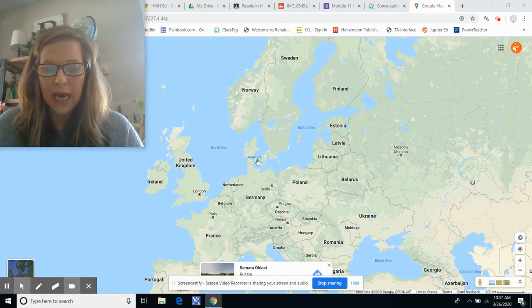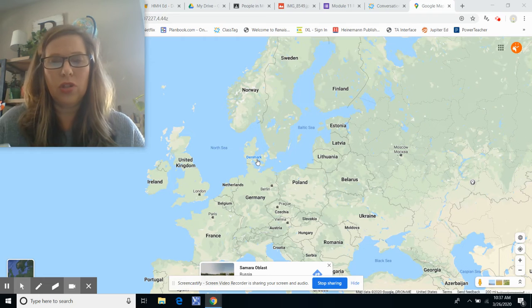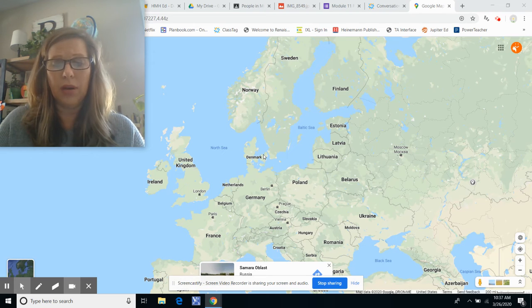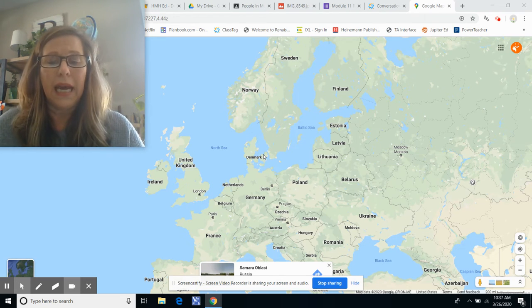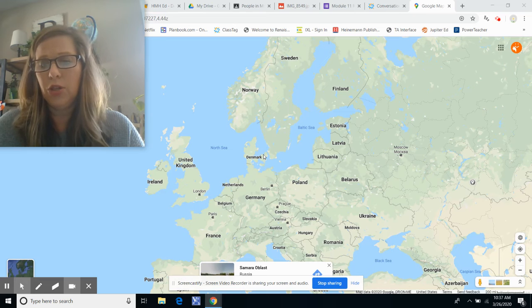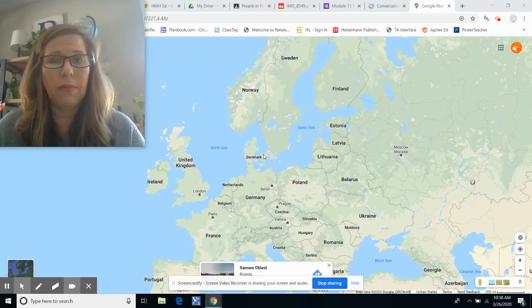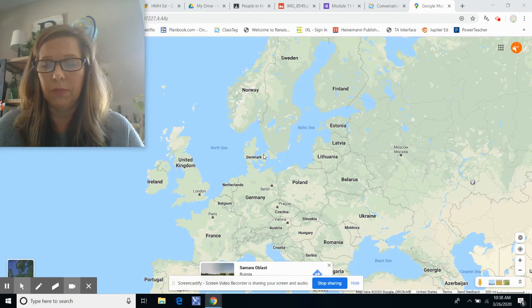At the time that Number the Stars takes place, there were about 8,000 Jewish people living in Denmark. In 1943, the Danish people heard about what the Germans were doing. They were arresting these Jewish people and putting them into what they call ghettos. And that's what we're going to hear about in our book, these ghettos that they were being put into.